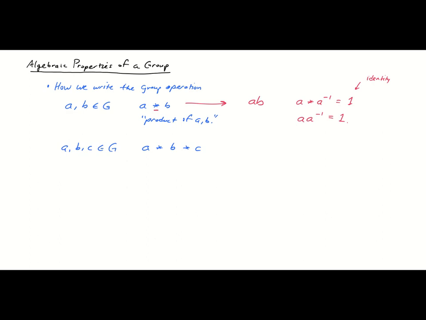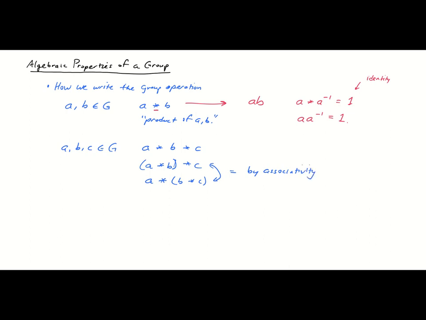However, I actually will write expressions like this quite a bit of the time, and it's perfectly okay. Nothing falls apart, because if I mean (A star B) star C, or if I mean A star (B star C), well, these are actually the same thing. They represent the same element. They're equal by associativity.